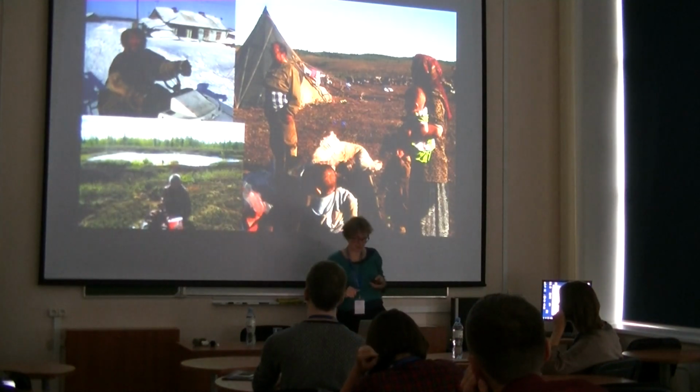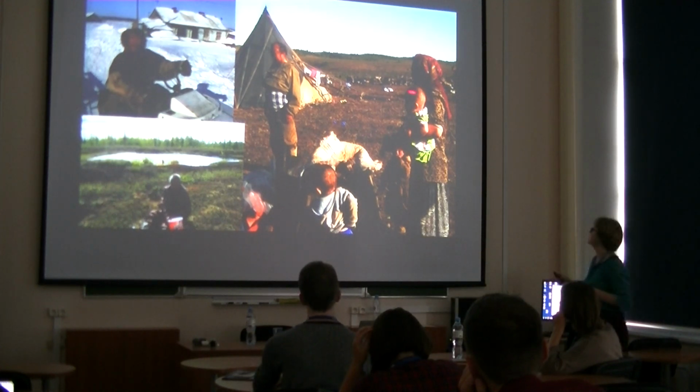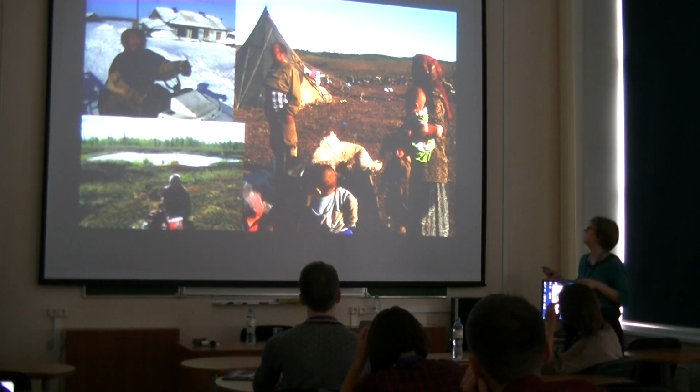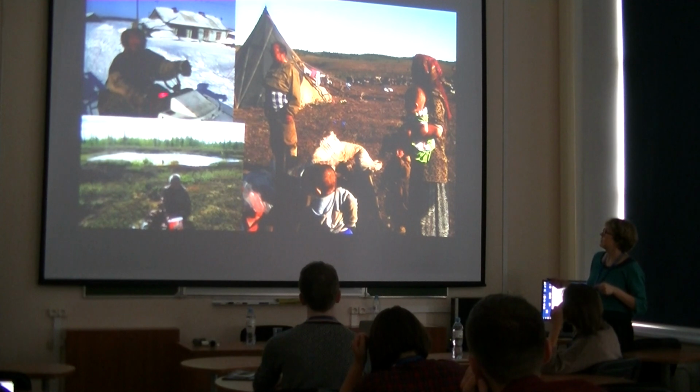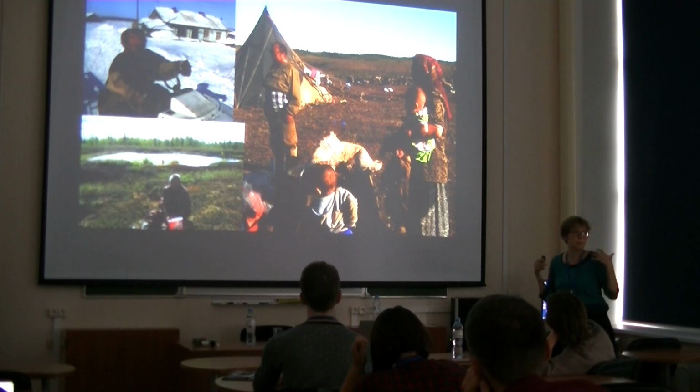And here you have some local people. This is a Tundra Nenets family. The woman is Tundra Nenets, the man is Tundra Nenets. And they have reindeer and they dwell with them in the tundra. This is a village, and a man living in a village but wearing traditional clothes.